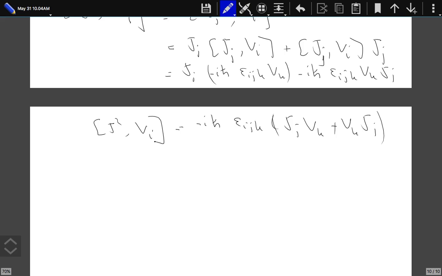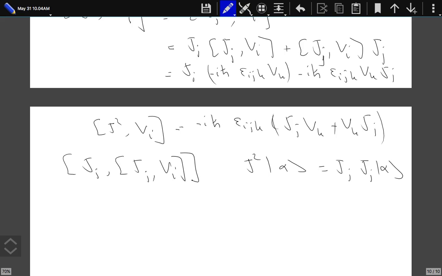So one problem is that we have J operators on the right-hand side, and I don't want the J operators on the right-hand side. But what we can do is look at this one, Jj. You see, J squared acting on any ket is Jj acting on Jj acting on alpha. So again, using our analogy, Jj acting on alpha is analogous in the operator case to the commutator of Jj with Vi. So this will be the analog action of J squared on this operator V, not the other way around.